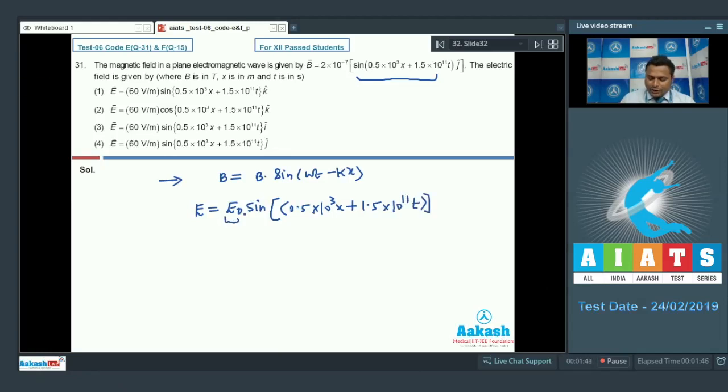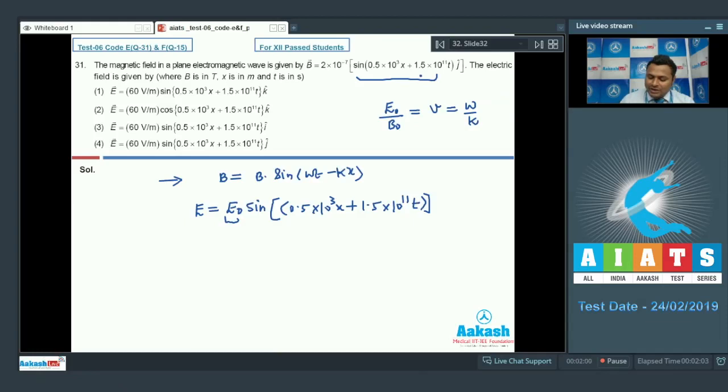Now, in order to calculate E naught, we know very well that the ratio of E naught and B naught will be the speed of electromagnetic wave, and the speed of electromagnetic wave can be further written as omega divided by k.